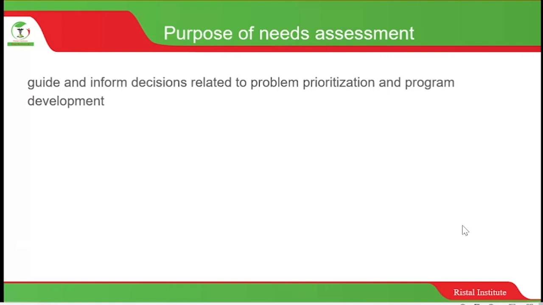So that's why they are bringing this problem prioritization and problem development: those problems which are most critical and of high impact will be addressed first. So that's what they are trying to say.